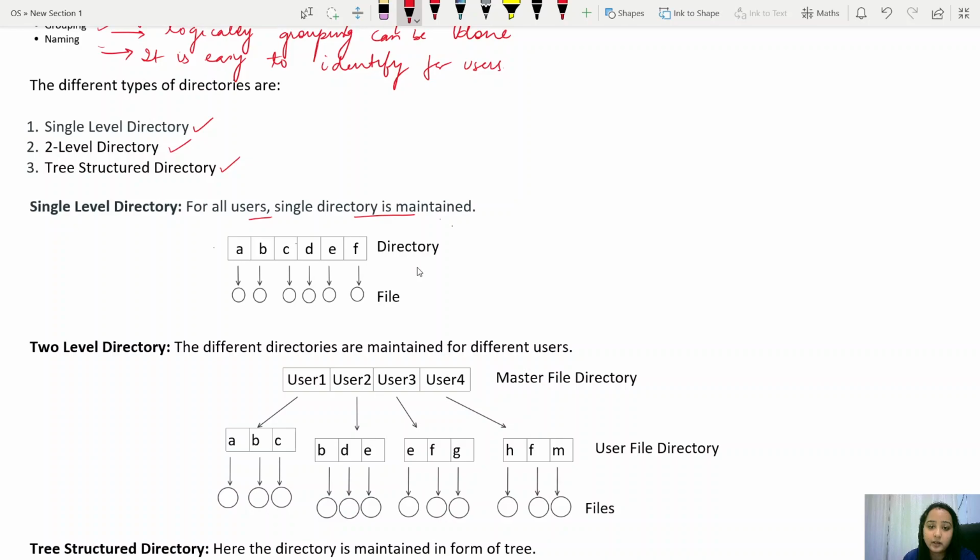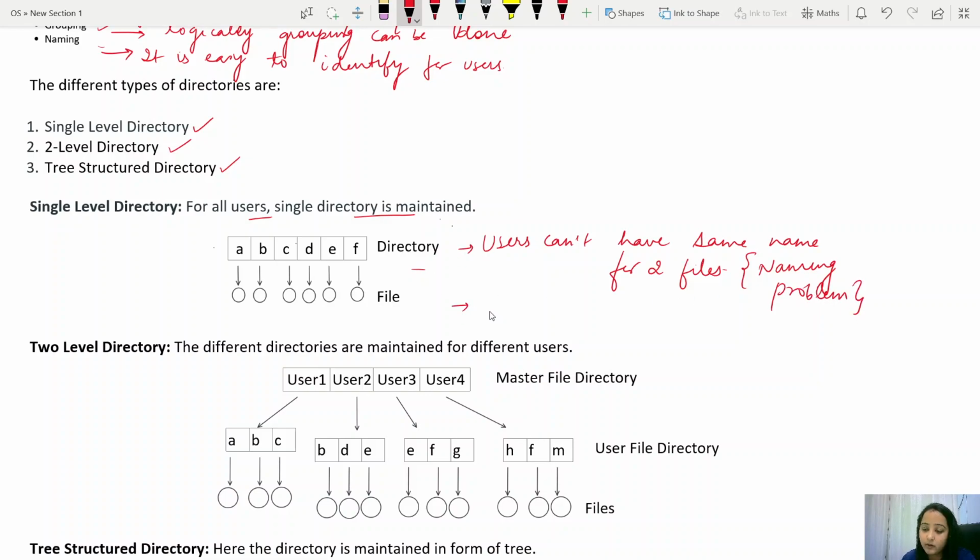But here we have some disadvantages. Users can't have the same name for two files, so there is a naming problem. Second one is grouping.